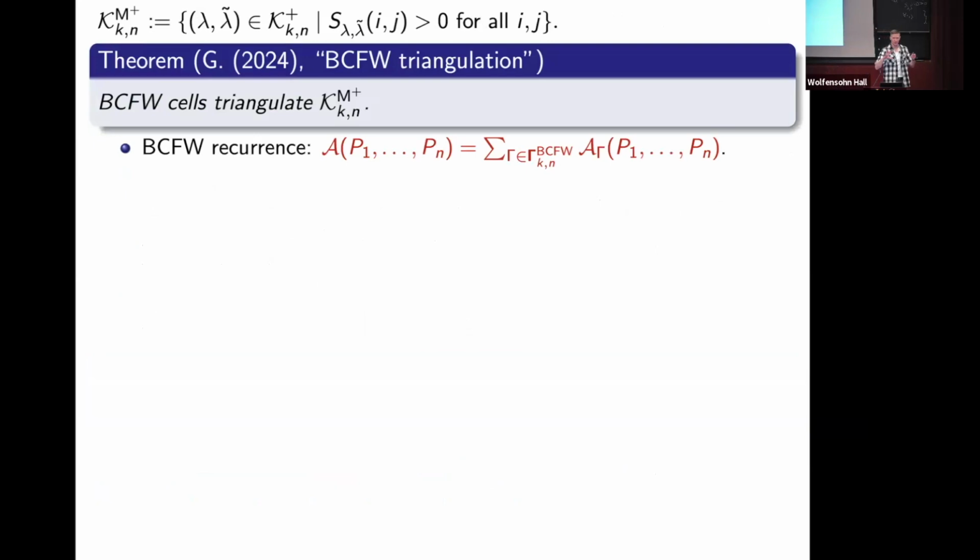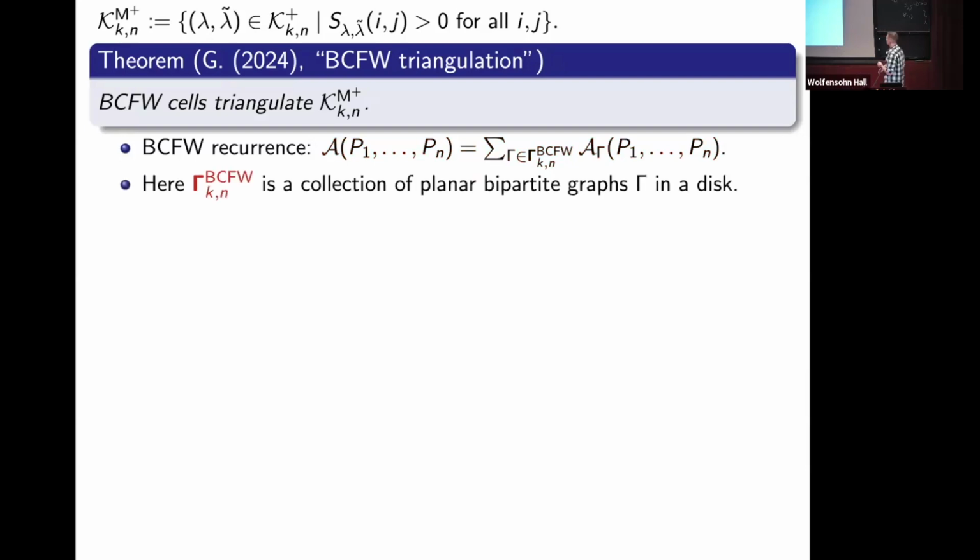Previously, you had to compute the amplitude using some kind of Feynman diagrams, of which there's a lot, and they give you complicated expressions. But once you apply BCFW, it gives you fewer terms, and each term is nicer, I guess. So it's a finite sum where the terms are labeled by planar bipartite graphs in a disk.